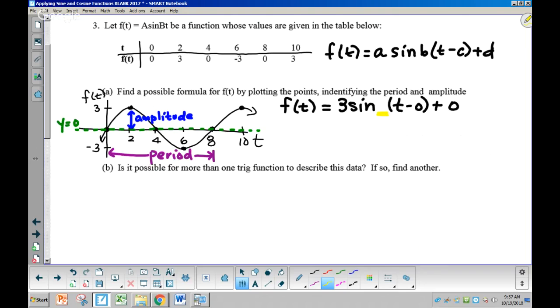Well, no, how do we solve for that? It's 2 pi over b. Good. The period is 2 pi over b. And what does our period equal here? 8. So we can cross multiply here and get 8b equals 2 pi. So b equals 2 pi over 8, which is pi over 4. So pi over 4 goes in here.